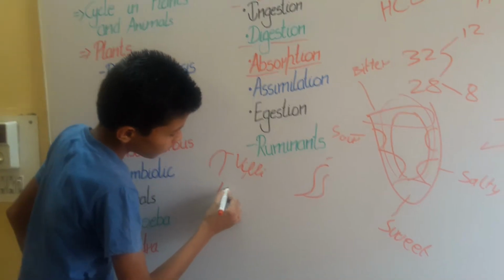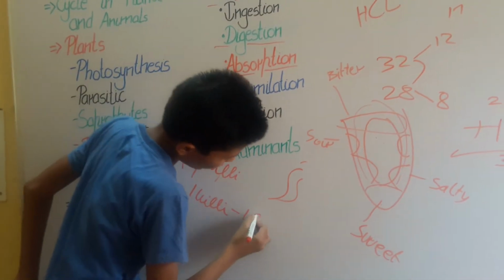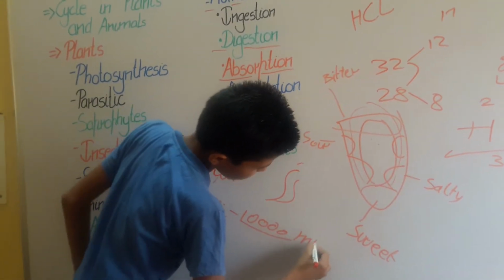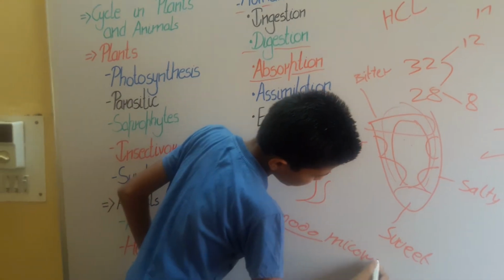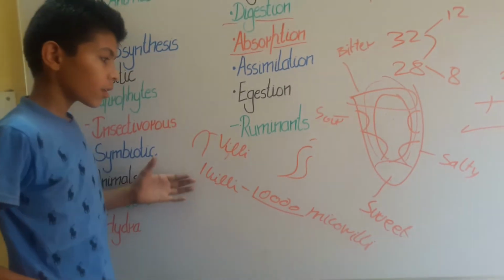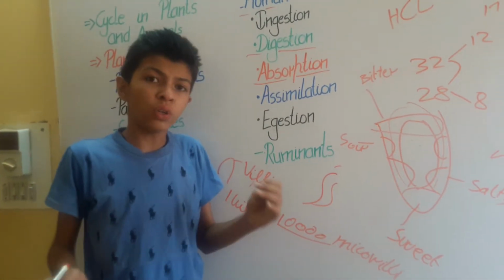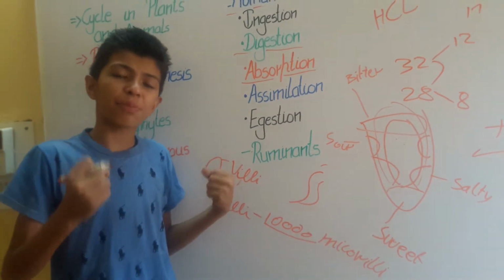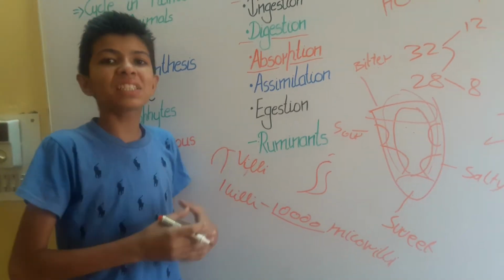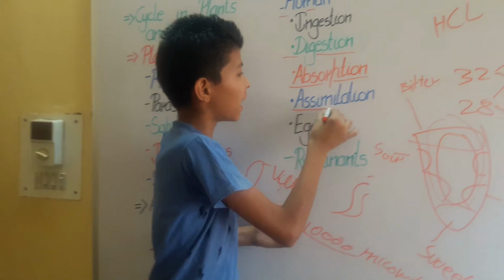One villus has 10,000 microvilli. Then what do they do? They are used to increase the surface area. Then the food which is absorbed here is transferred to the blood vessels, which transfer it to the whole parts of our body. Then we have assimilation.